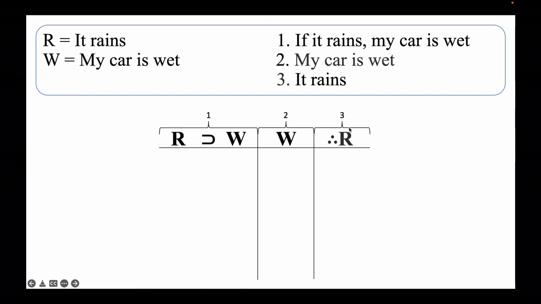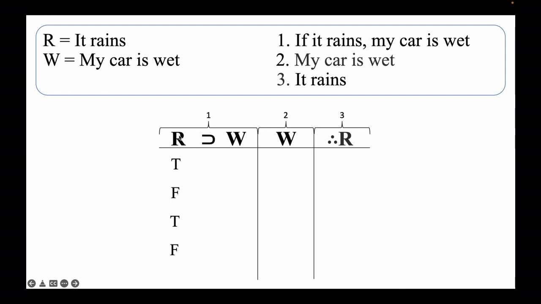You set up the argument this way, and then you list all the truth values for each term. Remember that we always begin with the far left term, the first term on the left, in this case R, which represents it rains.